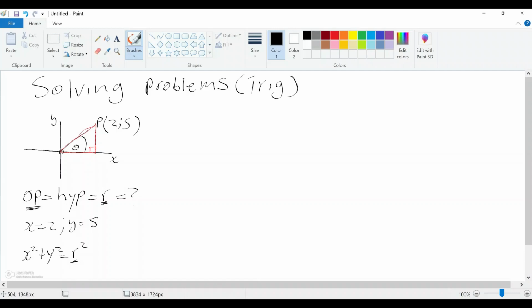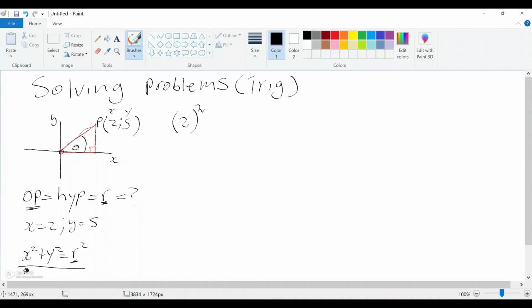Now let's continue. We have to substitute our x and our y into the formula. If you substitute here, our x in this case is 2, but do not forget that in our formula our x is squared.